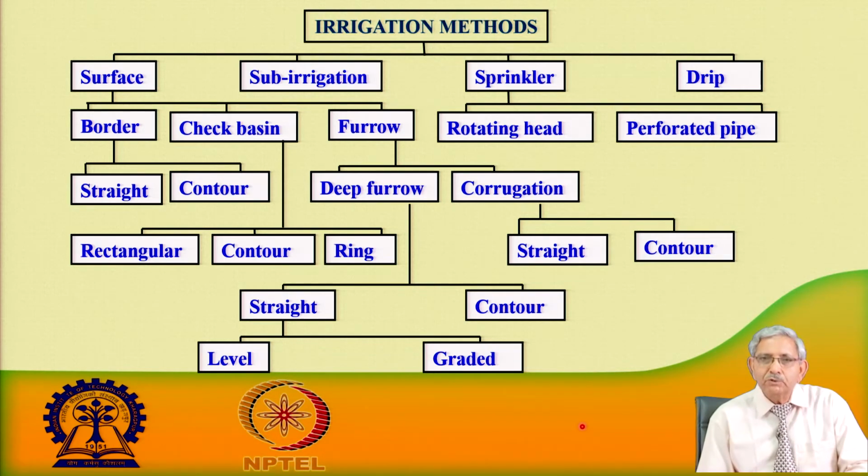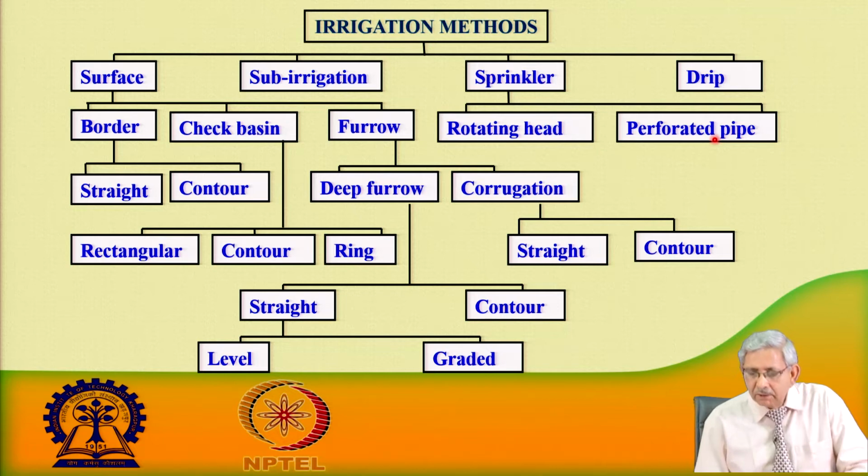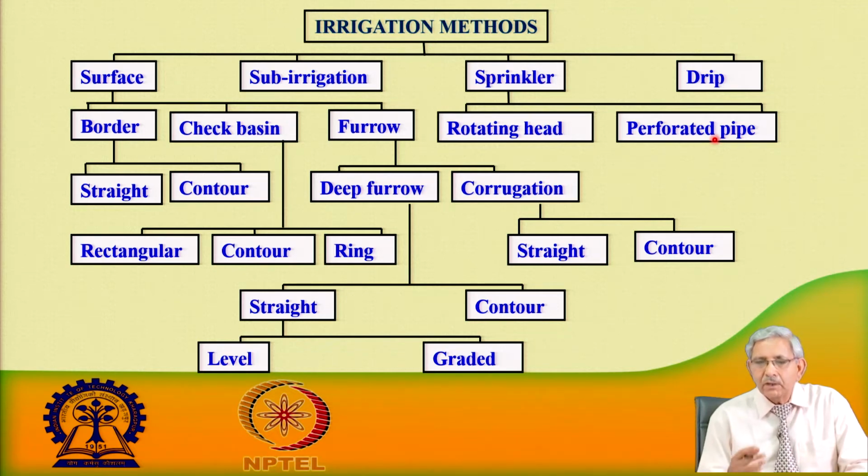These pipes could be metallic or aluminum pipeline. Slowly these perforated pipe systems are not being adopted, because clogging or blocking of the pores causes problems. So, the rotating head system is more prevalent in the field.